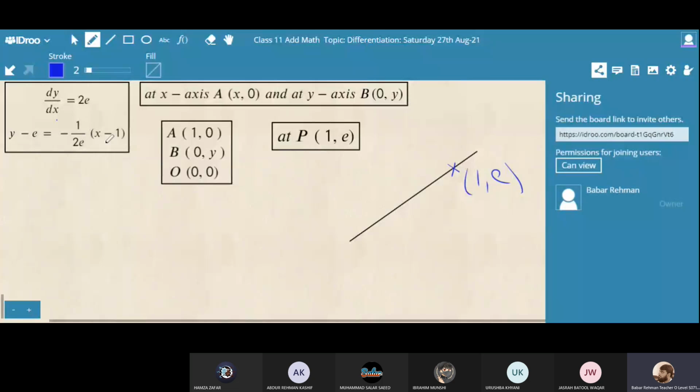If you input x1 and y, this proves that this equation is passing through this point, because this is the normal.